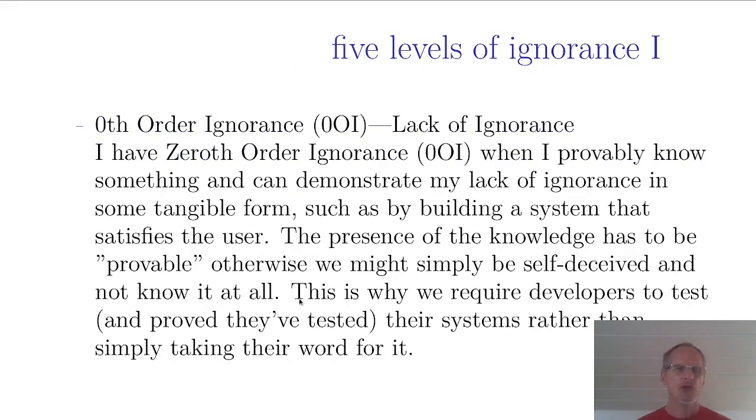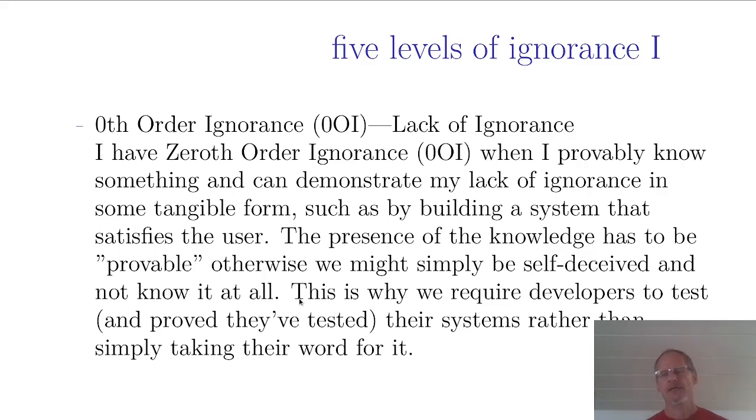And Philip Armour coined the 5 levels of ignorance, and I don't expect you to memorize these levels, but it's quite helpful to think about them and to consider where on the 5 levels of ignorance you are currently operating. So if we are on the 0th order of ignorance, we have a lack of ignorance.